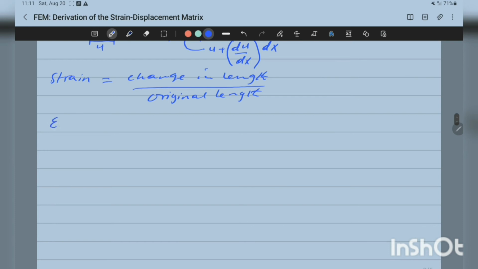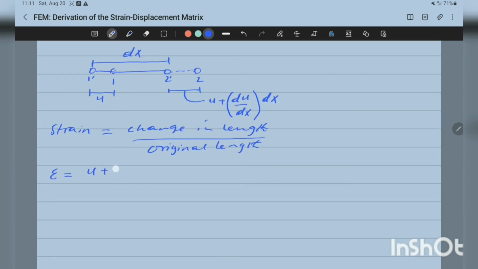So the strain, with the symbol epsilon, equals the change in length, which is du dx times dx, the extension of node 2 minus the extension of node 1, out of the original length, which is dx, the small length of the bar considered.